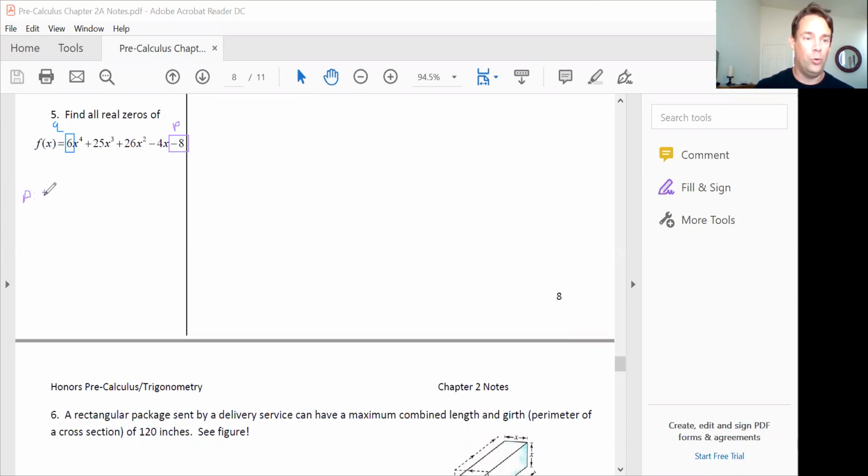So plus or minus 1, plus or minus 2, plus or minus 4, plus or minus 8, and our q values: plus or minus 1, plus or minus 2, plus or minus 3, plus or minus 6.